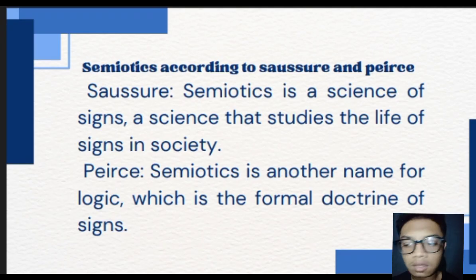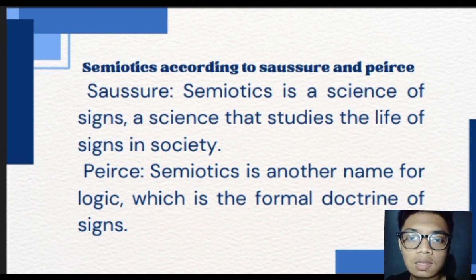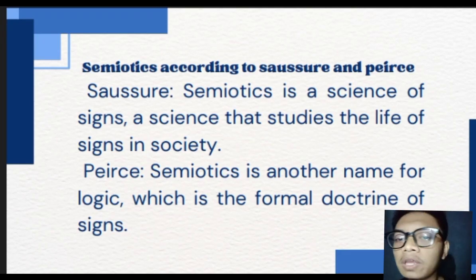For example, for the signifier, the word cat is just the letters for spelling the word: C A T. Then the signified is what pops up in your mind when you hear cat.